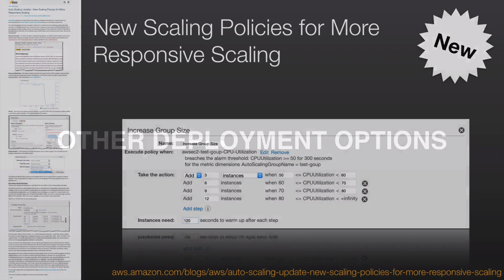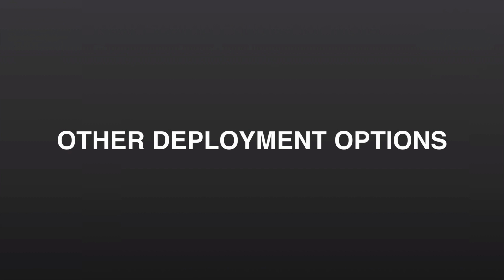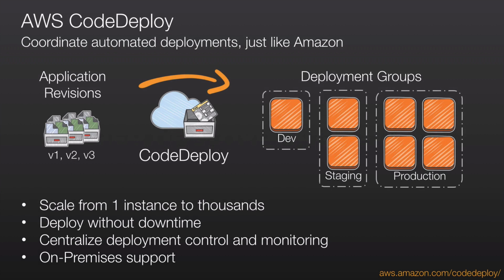Other deployment options, not got time to cover everything, but two that are very interesting. AWS Code Deploy, agent-based deployment of software onto large fleets of EC2 instances. We have a Code Deploy agent that is deployed onto the instances, a small package for Linux and Windows.